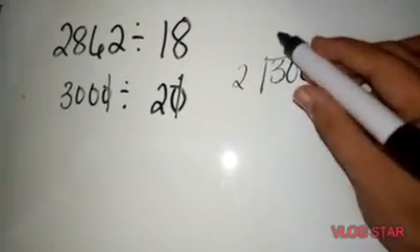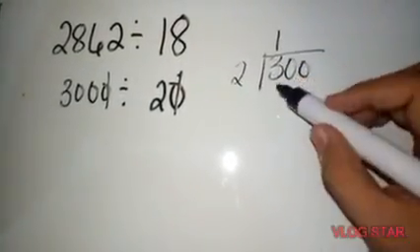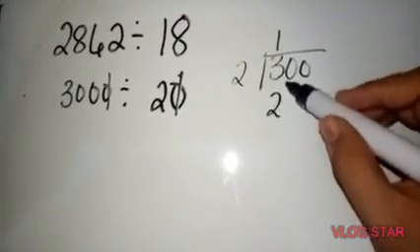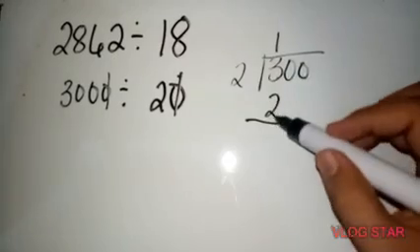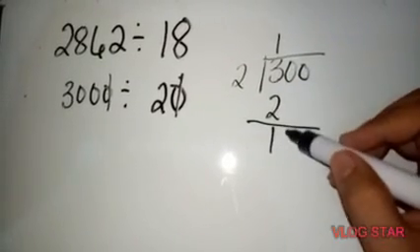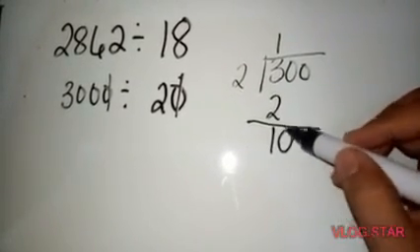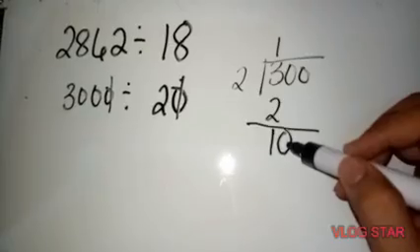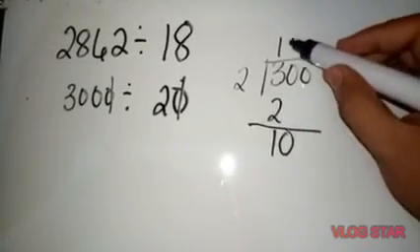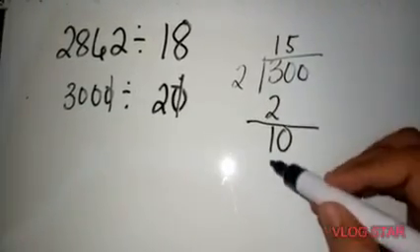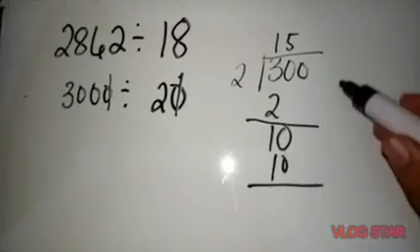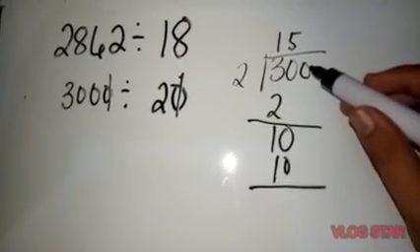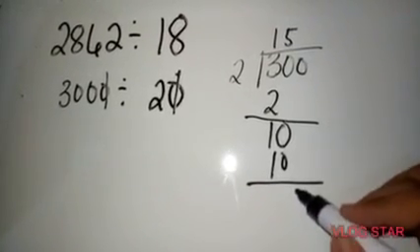3 divided by 2 is 1. 1 times 2 is 2. Then subtract: 3 minus 2 is 1. Then bring down the next digit, which is 0. So we have 10. 10 divided by 2 is 5. 5 times 2 is 10. We still have one digit, which is 0.